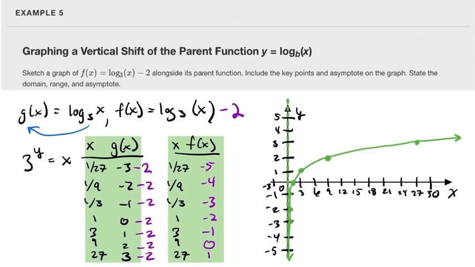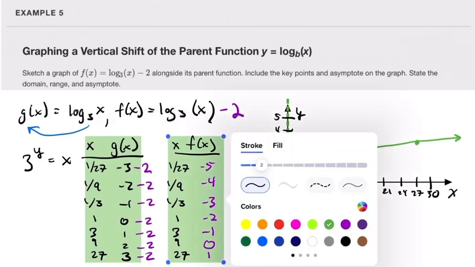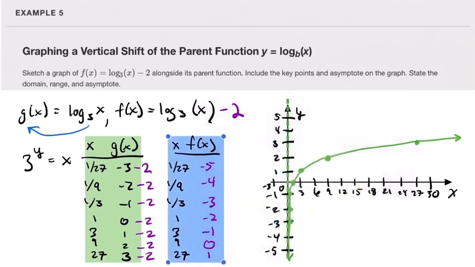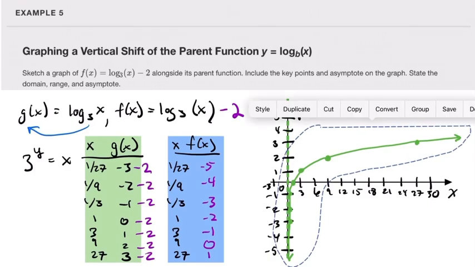So it should be the same graph that's just been shifted. We'll do this one in blue again. It should be the same graph but shifted down by 2. I could plot all of those points, the x versus the y's. Again, it should be a duplicate of this graph that's been shifted down by 2.